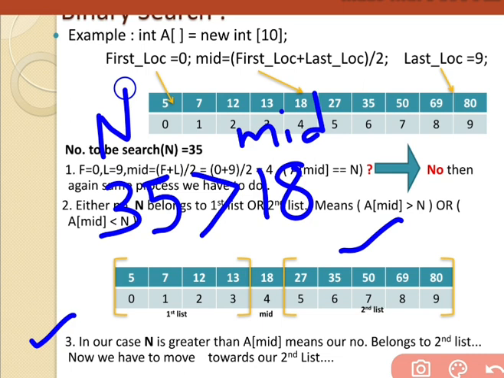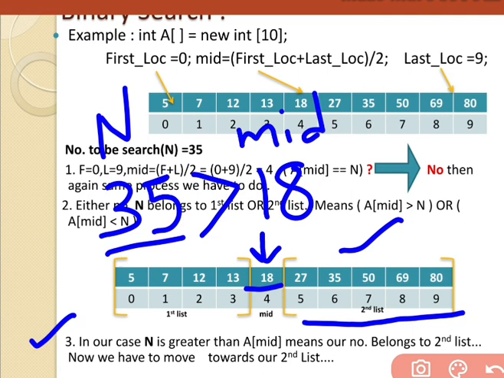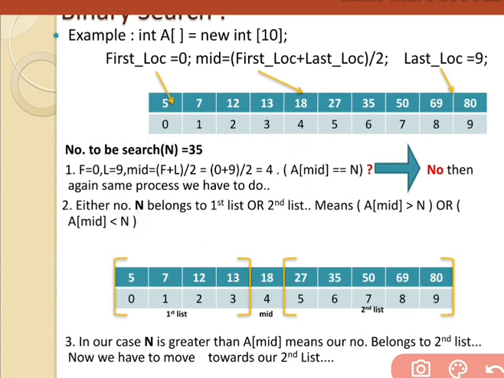If it is greater than mid, the number belongs to the second list, because it is in ascending order, and the mid location element is 18. If a number is larger than 18, it is in the second list. If our number is smaller than 18, it belongs to the first list. But in our case, we have to find it in the second list.